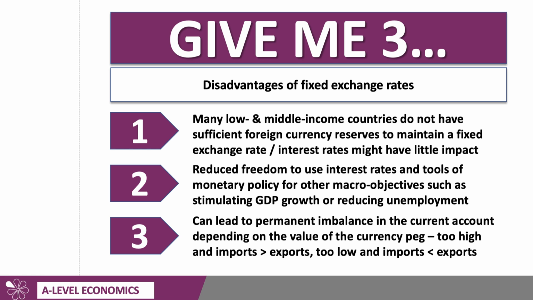Maybe your economy is at risk of recession, and you might want to achieve a 5% depreciation. Maybe the economy is at risk of deflation, in which case you want a currency reduction. Or maybe your economy is overheating, and you might want the exchange rate to be stronger to prevent excessive inflation. So if you have a managed floating system, a hybrid system, that gives you more freedom, opportunity, if you like, or latitude to use interest rates.